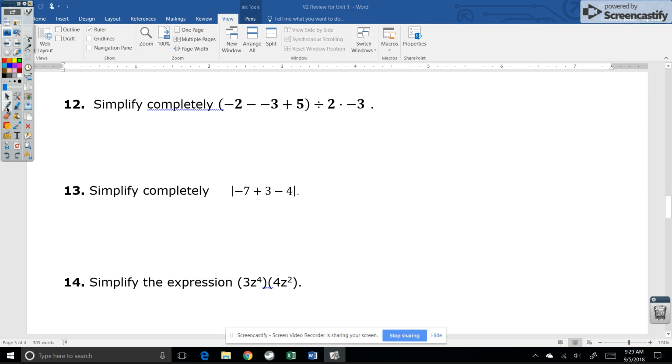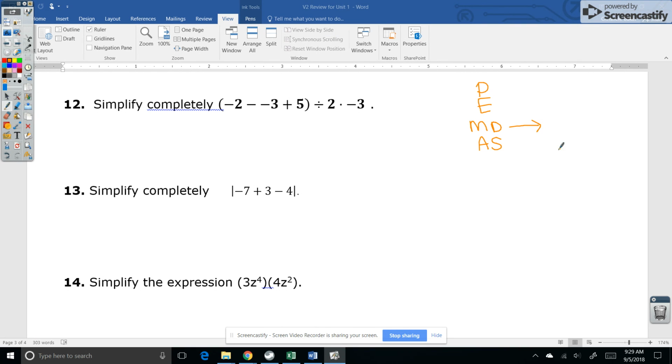Simplify completely. So I have to use my order of operations, working with multiplying and dividing from left to right, adding and subtracting from left to right. So starting inside of my parentheses, I'm going to evaluate all of this from left to right. So negative 2 minus negative 3 means negative 2 plus 3.